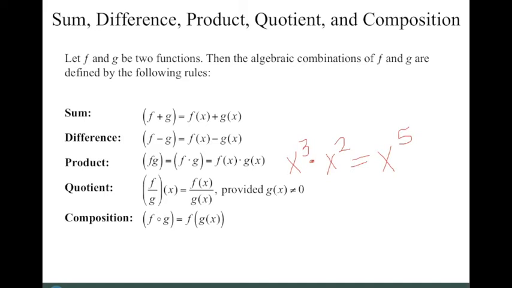And then we have the quotient function, which tends to be one of the easier compositions to solve, because a lot of times it won't simplify. So you're just going to put f of x divided by g of x. You want to make sure that g of x is not 0. So I can't have x cubed divided by 0 because we can never divide by 0.